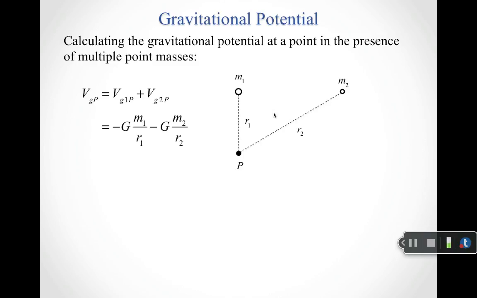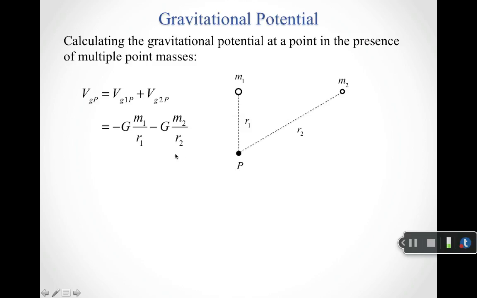If we're calculating the gravitational potential at some point due to multiple point masses, I've got multiple source masses that I need to consider. Every source has a contribution, and we just need to calculate what the contribution from each source is at point P. So the gravitational potential at point P is just going to be equal to the sum of the gravitational potential at point P due to mass 1 plus the gravitational potential at point P due to mass 2.